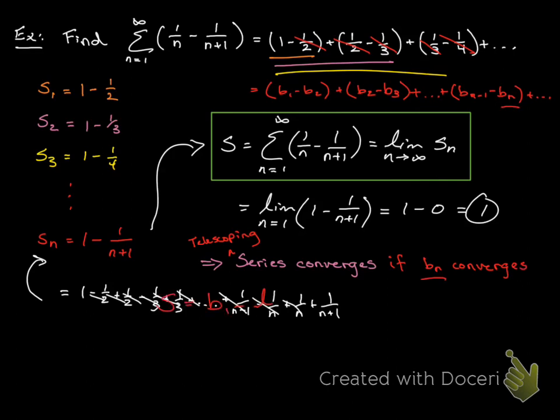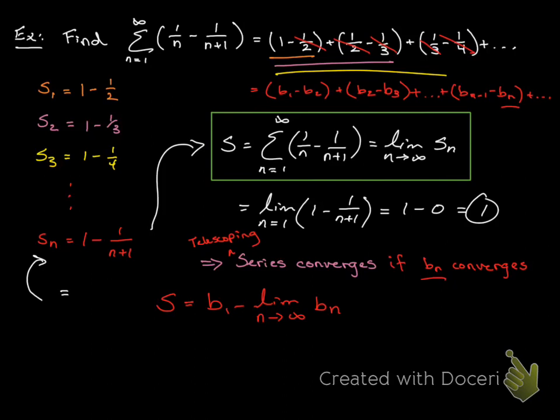Okay? And in this case here, let me go back and erase down here a little bit. If bn converges, then the series converges.